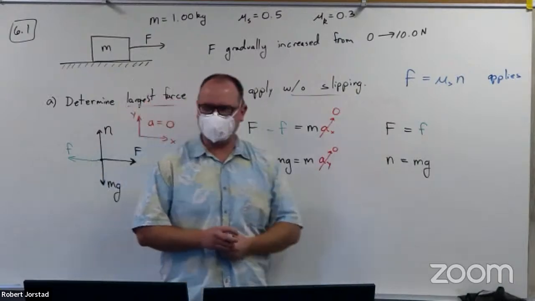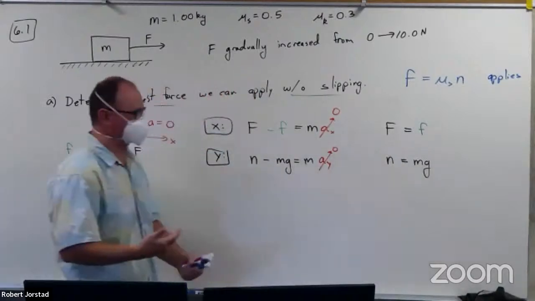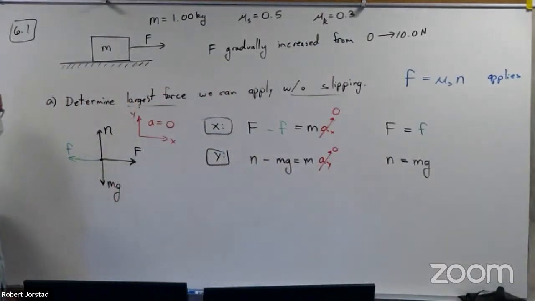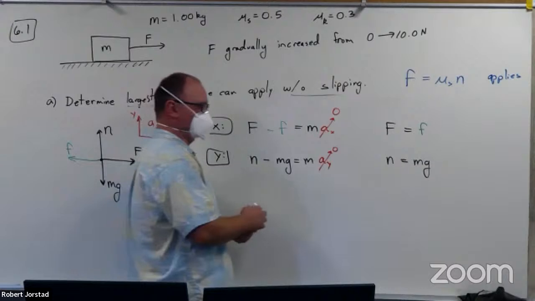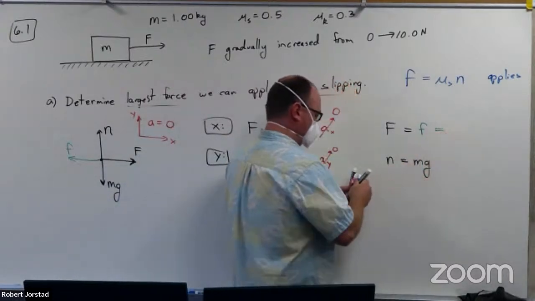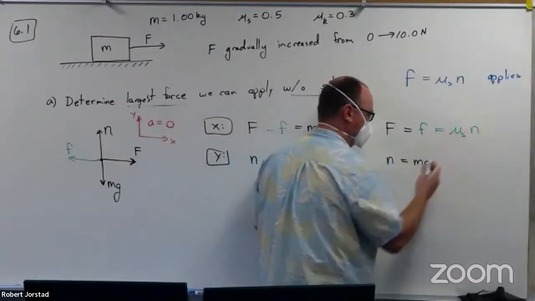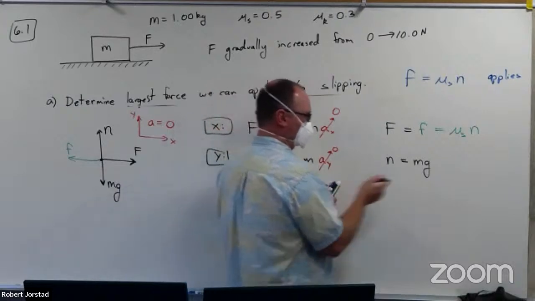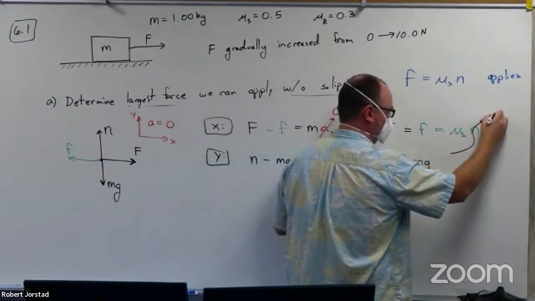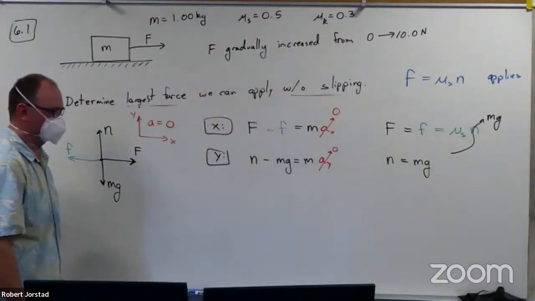Now, do not plug in numbers right away for this problem, right? Just because on test day, you're not always going to have numbers, right? So in this case, why don't we say this is equal to mu static times the normal force. And we say, well, wait a minute, the normal force equals mg. And now look, we've saved ourselves some time.